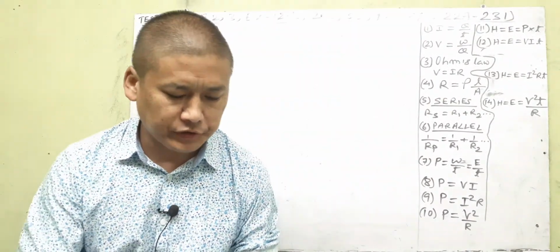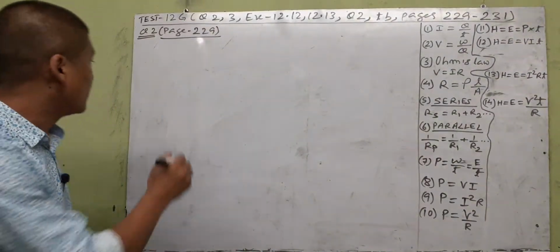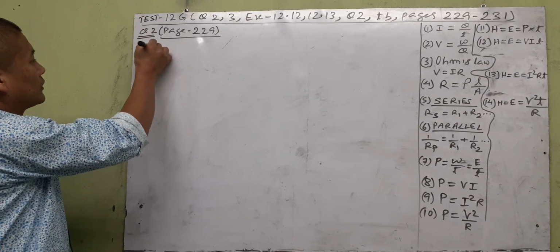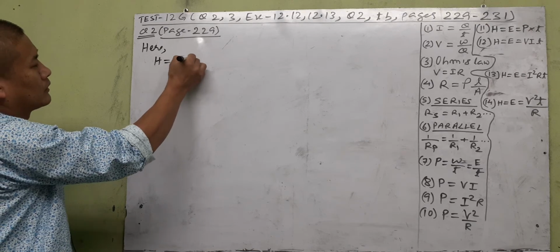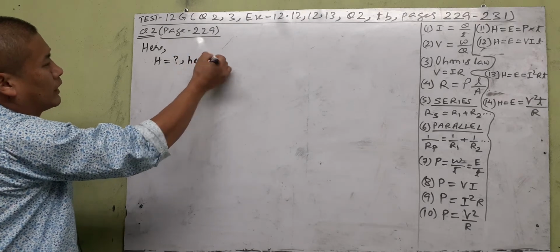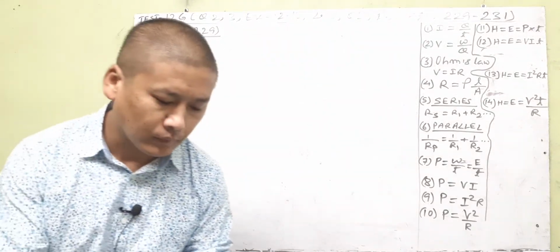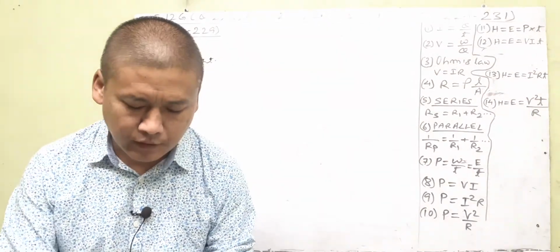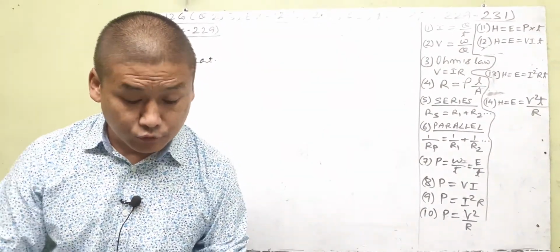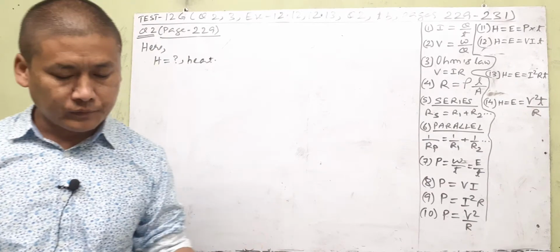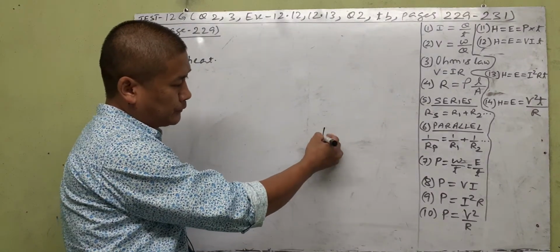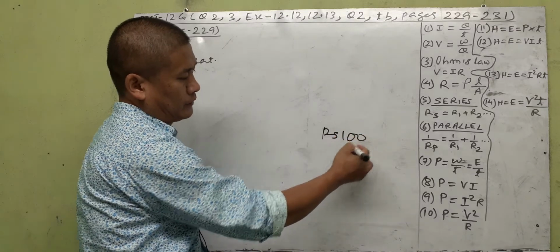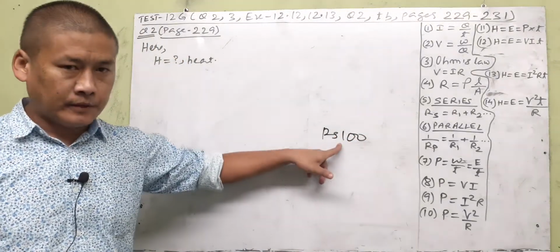Compute the heat generated. So we can just start writing. As we read the question, the heat generated is the question mark, that we need to calculate, right? Then while transferring 96,000 coulomb, the unit coulomb, like I said earlier, if I say rupees 100, what do we understand by this?